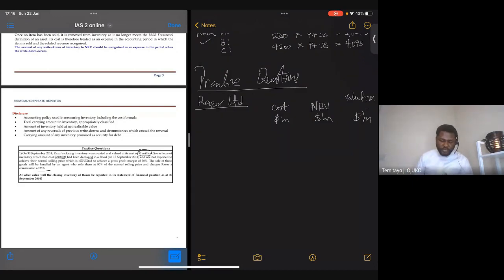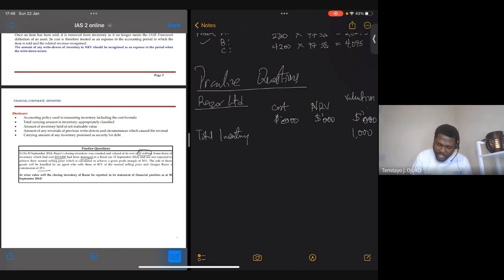Okay. Now, it's safe for me to put total inventory 1 million, or let me change this to 1,000. Yeah, let's just change it to 1,000. 1 million.